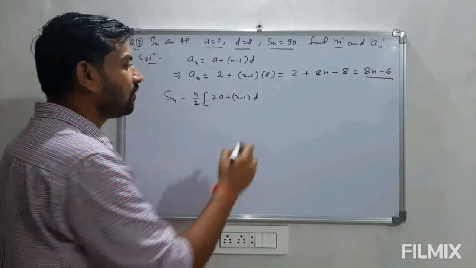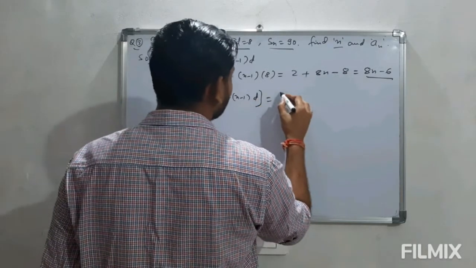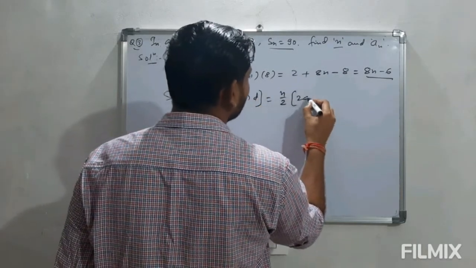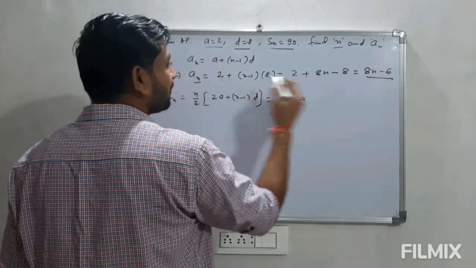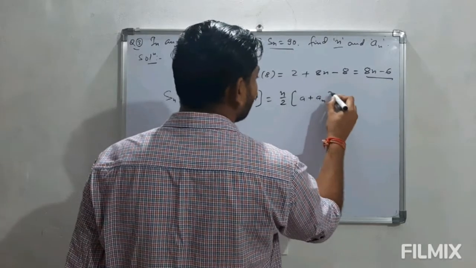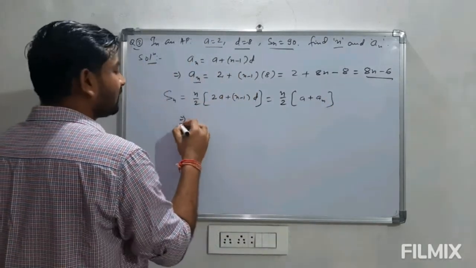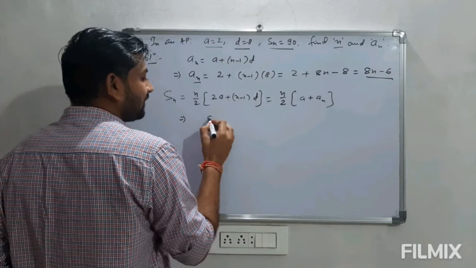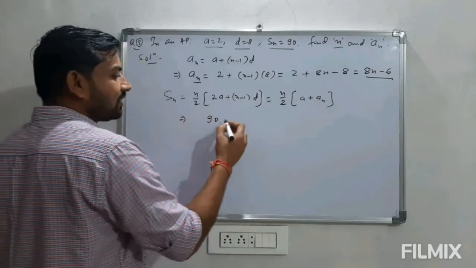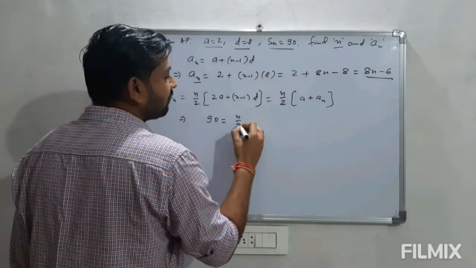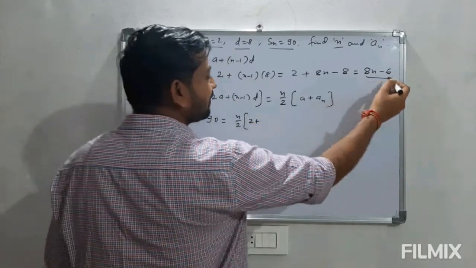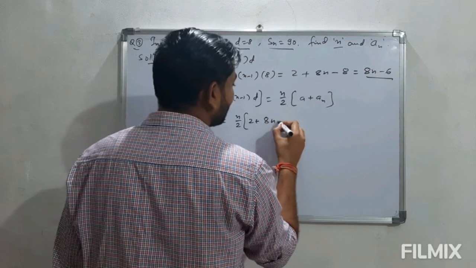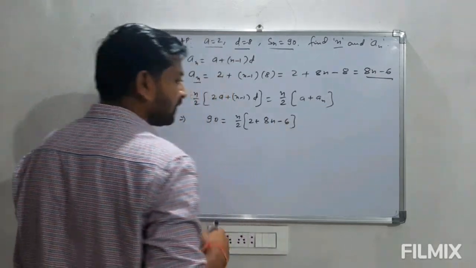We can use this, or we can directly use n by 2 into a plus an, using the relation of an as we have calculated. So from here I am getting 90, because the value of Sn is 90, is equals to n by 2, the value of a is 2, and the value of an we have calculated is 8n minus 6.